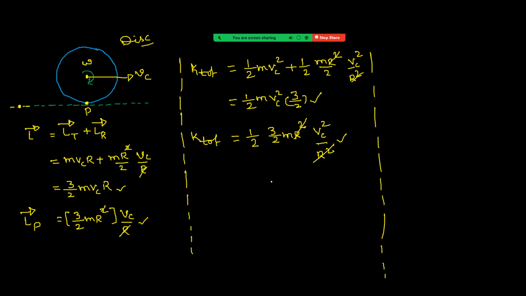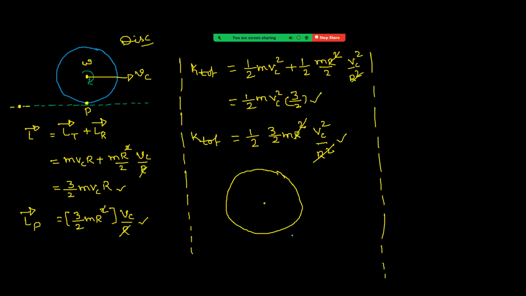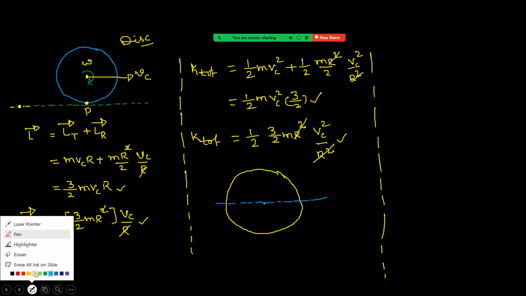Now see the possibilities. For example, this is a disk. In fact, we can take any shape. I'm taking a disk here. Consider 2 points in the disk. Suppose I'm taking one diameter and consider 2 points on that diameter.